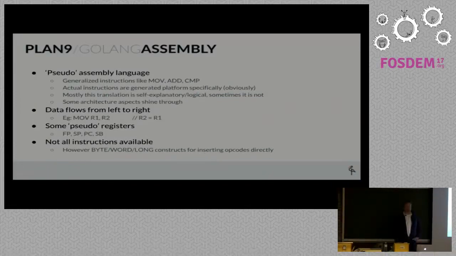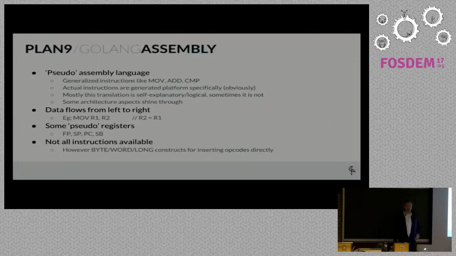It's kind of like a pseudo assembly language in the sense that it's not the direct assembly that you would write for, say, an Intel platform or an ARM platform. So there are some generalized instructions for a move and an add and a compare. And these instructions are then translated to the actual instructions that will run on the underlying hardware platform.